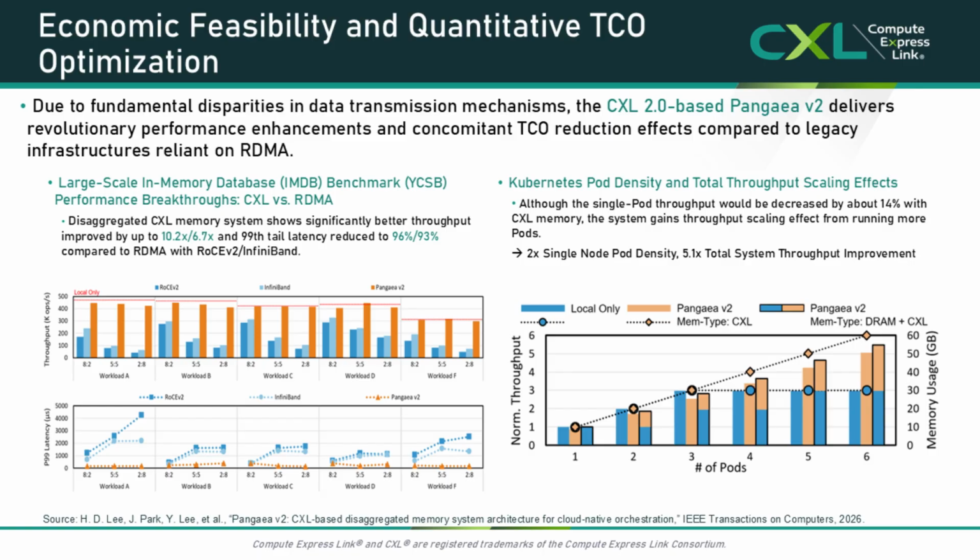For instance, when deploying heavy inference or database pods consuming 10 gigabytes of memory on a physical server equipped with strictly limited local DRAM of 30 gigabytes, traditional systems hit the physical wall, ceding system expansion at exactly three pod deployments.